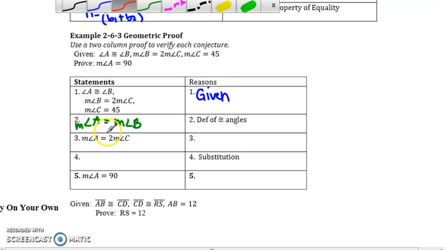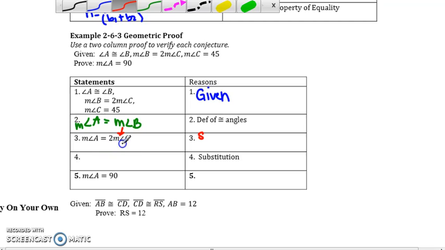All right, now it looks like we're replacing the measure of angle B with 2 times the measure of angle C. Well, that's given. B is equal to 2 times the measure of angle C. So it looks like we replaced this. That's how we're going from step 2 to step 3, is replacing. And when we replace something, that's called substitution. So you can use substitution.